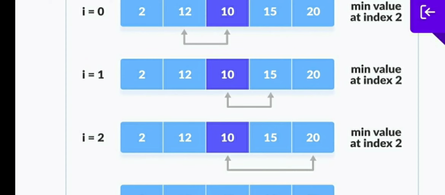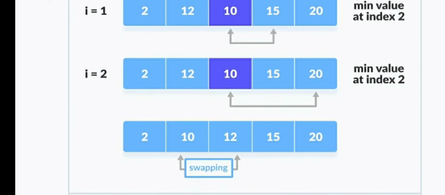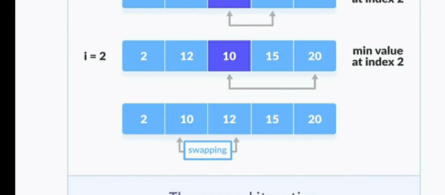So 10 is minimum. There is no need to change. So now we have to replace 10 with the second element. The first element is already replaced, so 10 and 12 are swapped. So 2, 10, 12, 15, 20, right?